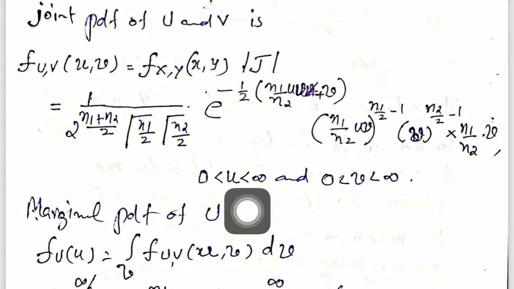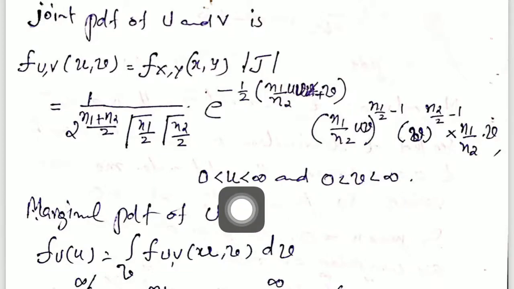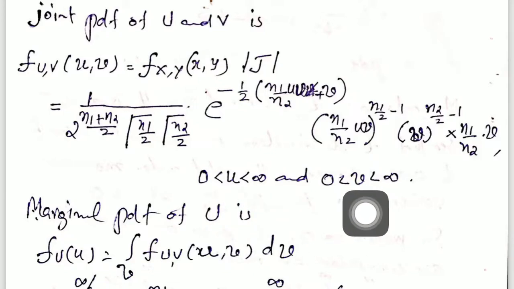And the ranges of u and v are from 0 to infinity and from 0 to infinity respectively, because u is a ratio of x and y which are respectively divided by n1 and n2, and it cannot be negative. Similarly, v cannot be negative, and the range is justifiable.